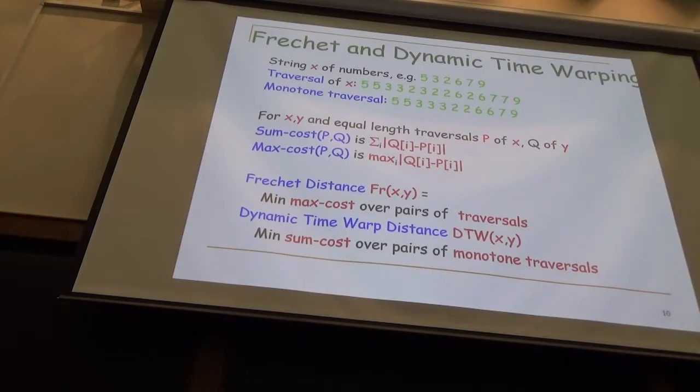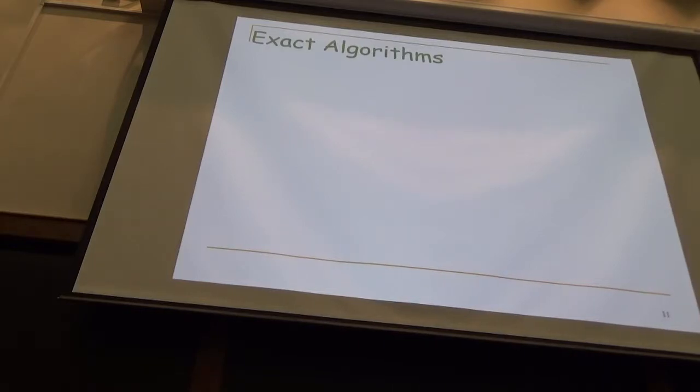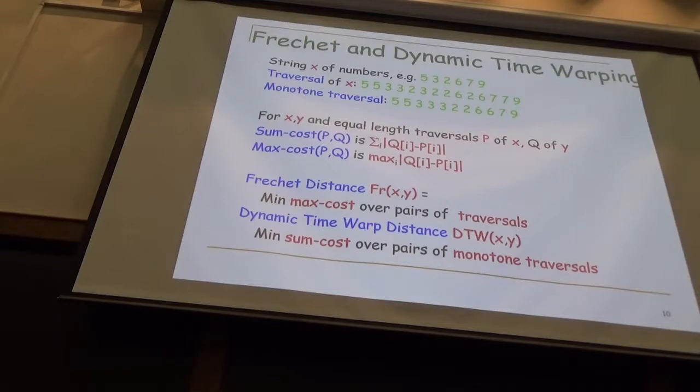All of them are computable by the dynamic programming paradigm by looking again at calculating this thing for pairs of substrings. You want to say anything why this last distance has such a fancy name? Why is it called dynamic time warp distance?